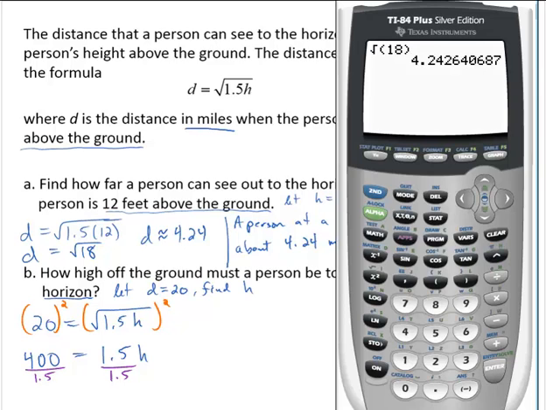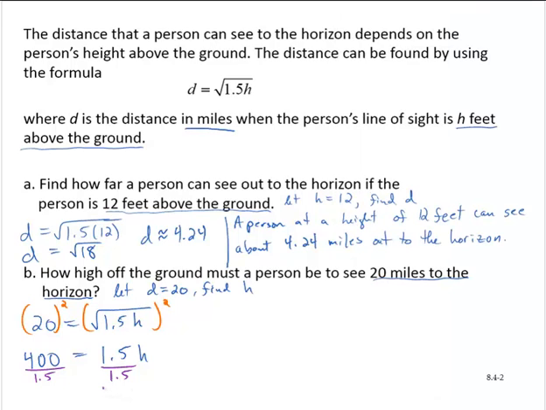And I'll use a calculator here. 400 divided by 1.5 is 266.67, rounded to the hundredths place. So h is 266.67.